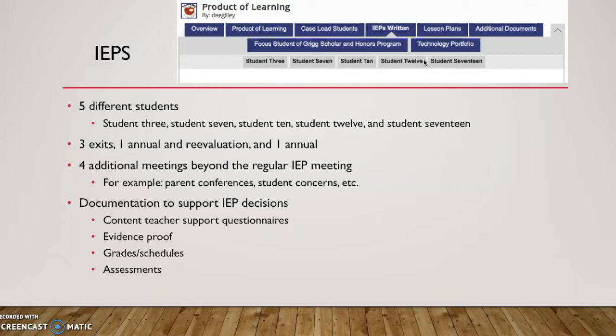I also was involved in 4 additional meetings beyond the regular IEP meeting, which included parent conferences, student conferences, staff meetings in regards to a specific student, and so on. The documentation to support the IEP decisions from the IEP team included content teacher support questionnaires, evidence proof, grades and schedules, and assessments.